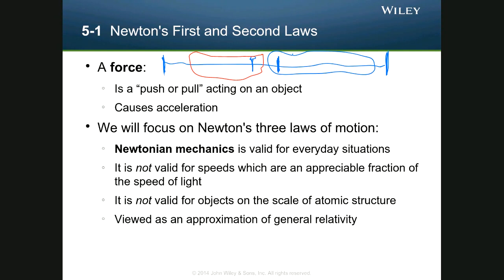General relativity assumes that the universe is continuous, right? There's an infinite number of points between these two points. You can always break this down further. Quantum mechanics looks like this.